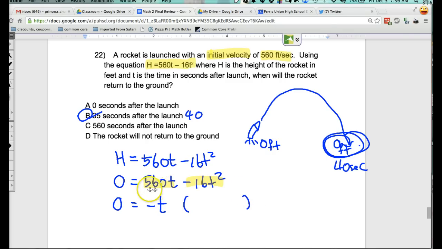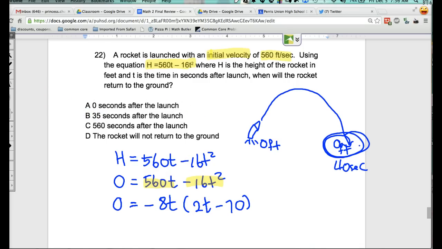Well, I can divide both 560 and 16 by 8. So instead of just pulling out the negative t, I'm going to pull out negative 8t. And now I'm going to divide the 560t by negative 8t, and that gives me negative 70. And then negative 16t squared divided by negative 8t is going to give me 2t. Okay?